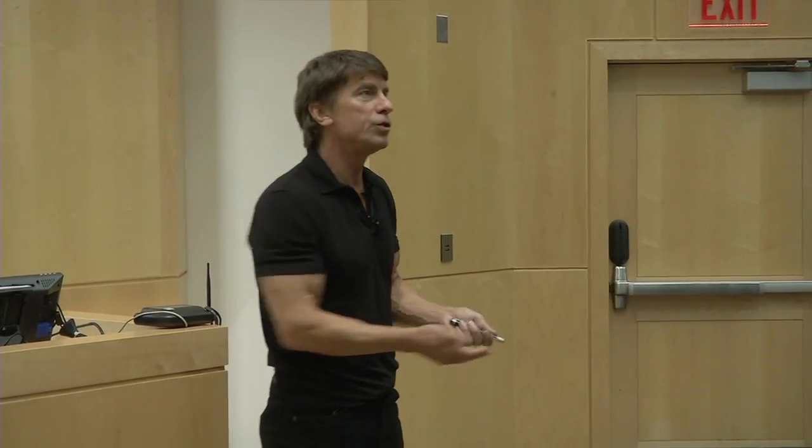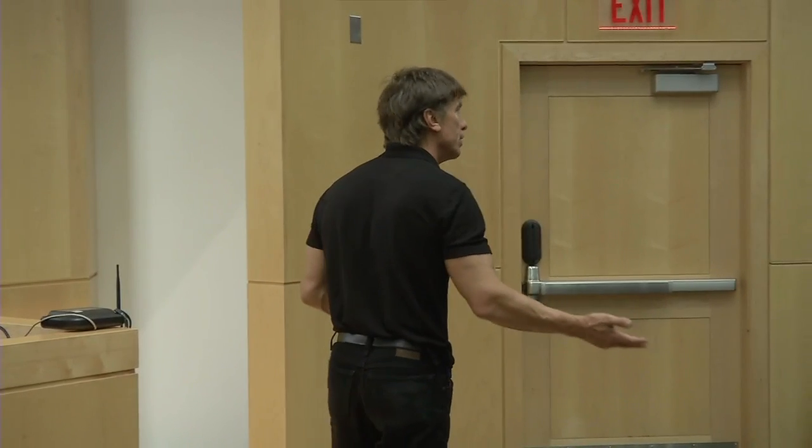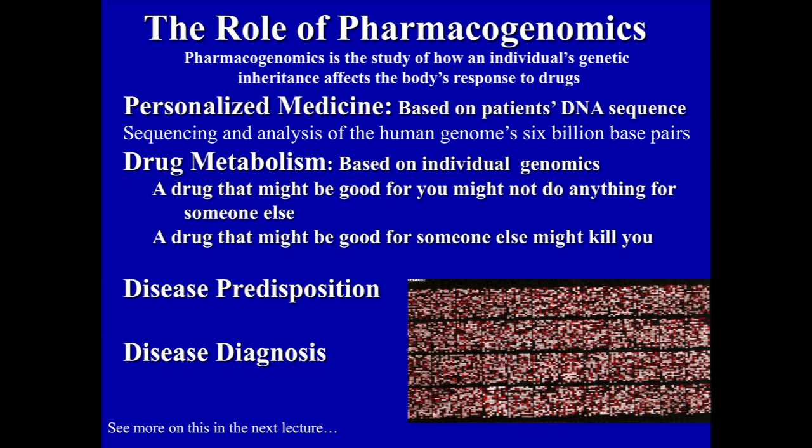And also, we could say there could be a lot of false positives. What if this gene shows that you have a 30% predisposition to breast cancer? What are you going to do with a 30% number? And what could you do to avoid it anyway, even if you could? So disease predisposition, disease diagnosis is a double-edged sword in this case.